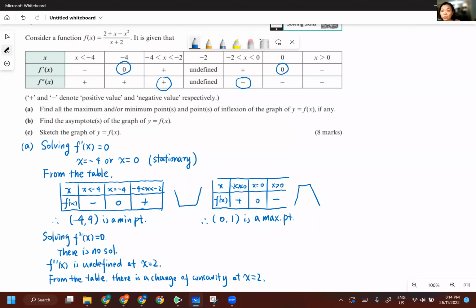Now, usually that would mean there is a point of inflection. However, you must say, however, f of x is undefined at x equal -2. Therefore, there is no point of inflection there. Otherwise, there will be.